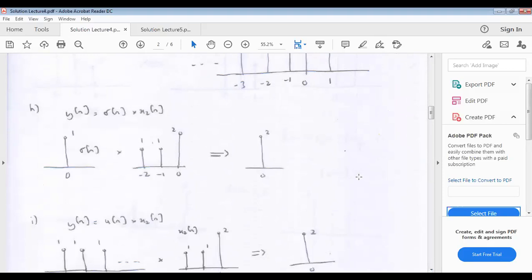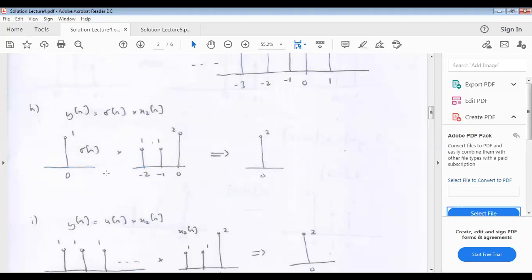Okay, for part H, this is a multiplication between two signals where we have the impulse delta[n] and x2[n]. We know that the impulse is a straight line of 1 at n equals 0. Multiply this with the x2[n] here. So when we multiply these two signals, we only have a single line at n equals 0.